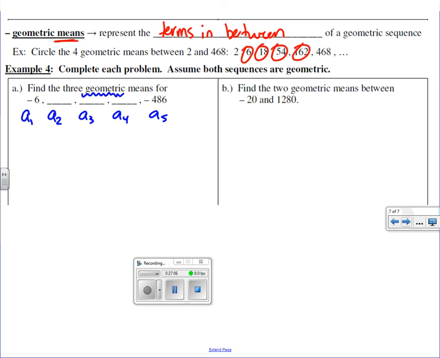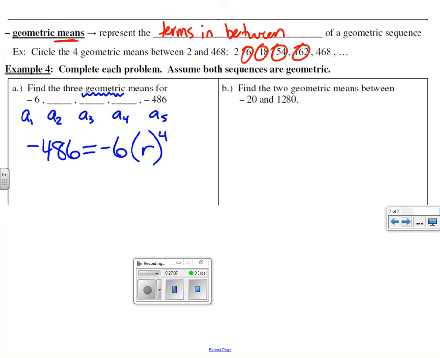What goes in for AN? Because it's the last term. Equals. What goes in for A1? All right, I don't know R. And I do know N. 4, because it comes from right here. The -486 was the 5th term, so 5 minus 1 gives you 4.